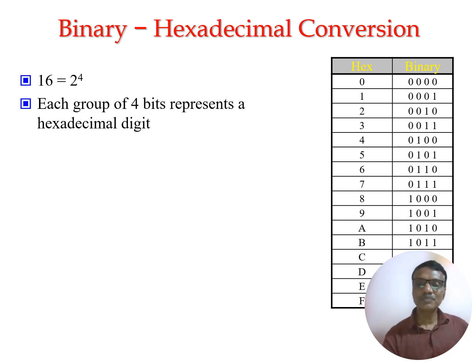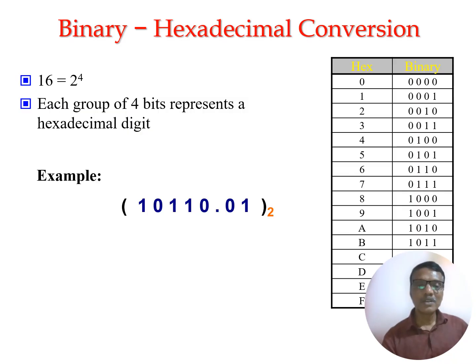So like 0 to 9, then after 9 A, B, C, D, E, F. So F is 1, 1, 1, 1, all 4 ones. So you see the example. 1, 0, 1, 1, 0.01 is the given binary value, and here we need to group as 4 bits like this, and then the remaining bits will be considered as 0. 0, 0, 0, 1, 0, 1, 1, 0.